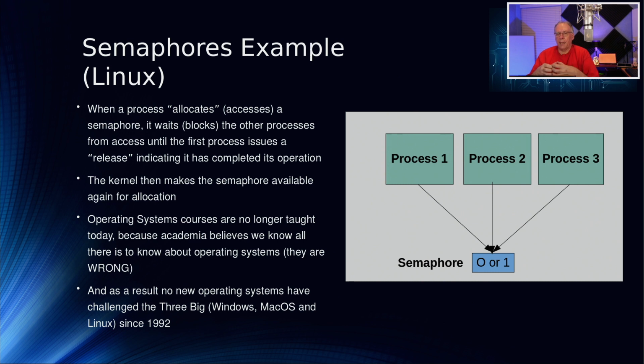It attempts to allocate that semaphore, and if it's available, the kernel, the Linux kernel, will block any other process from allocating that semaphore until that first process is done. So it's like a lock on whatever region of memory or whatever thing it's protecting. Then process one runs, reaches a completion state, and then releases the semaphore, and the kernel will then unblock the other processes that are waiting for it. It makes them available, and the other processes will then continue on.